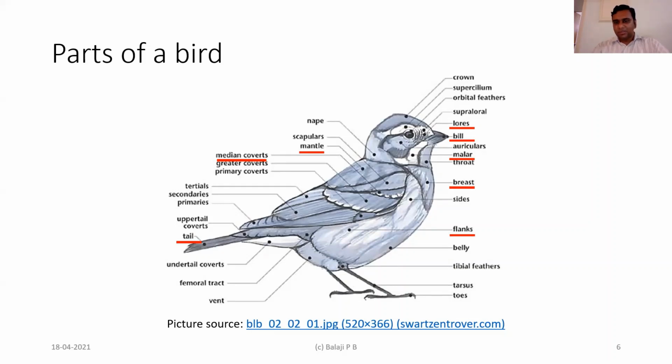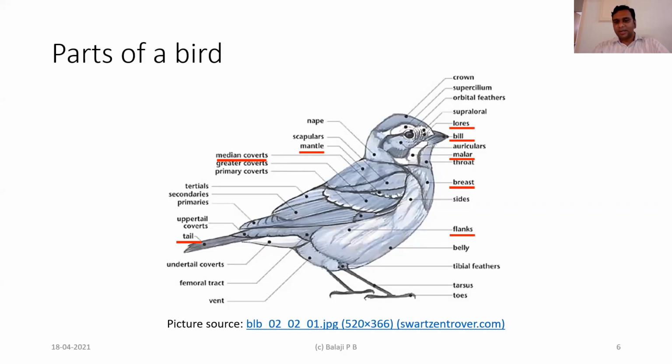The breast or the chest area of the bird, the flanks. Flanks is nothing but the area right next to the wings, from the wings to the belly. That area is called the flank. The mantle. Mantle is the area between the nape and the wings. So that area is called the mantle. The median coverts.